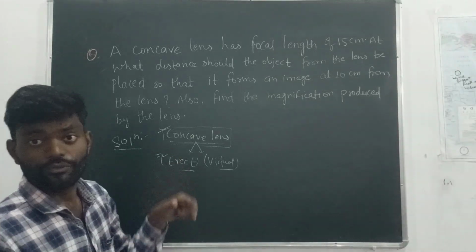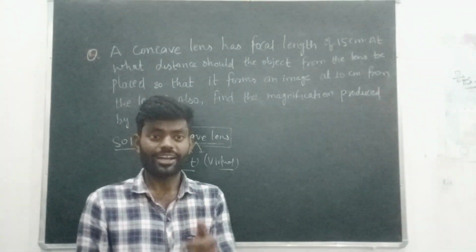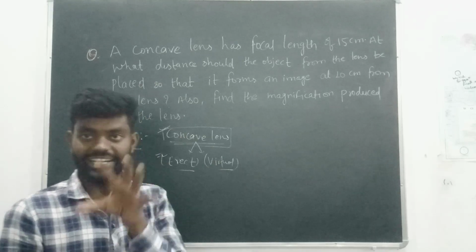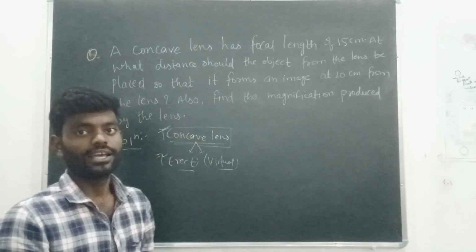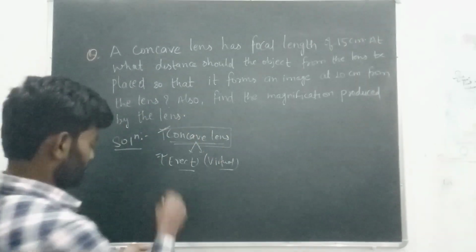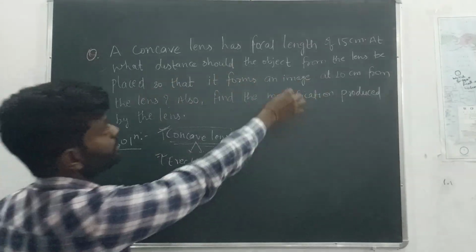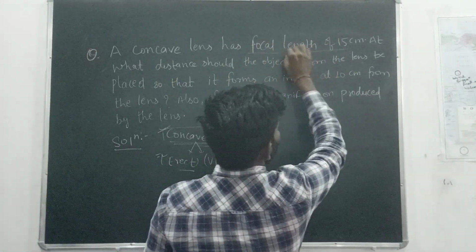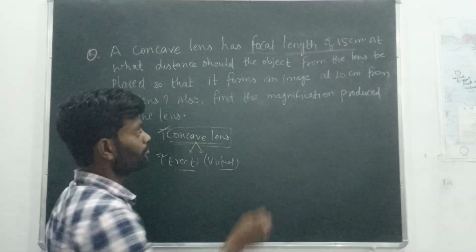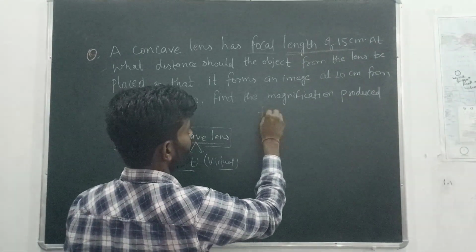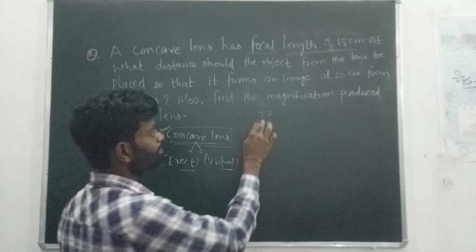First of all, we have to identify what data has been given in this question. The concave lens has a focal length, which is denoted by f.